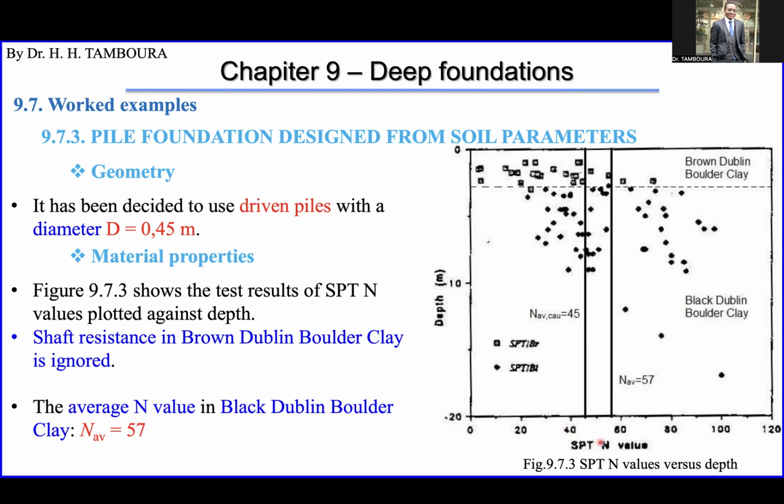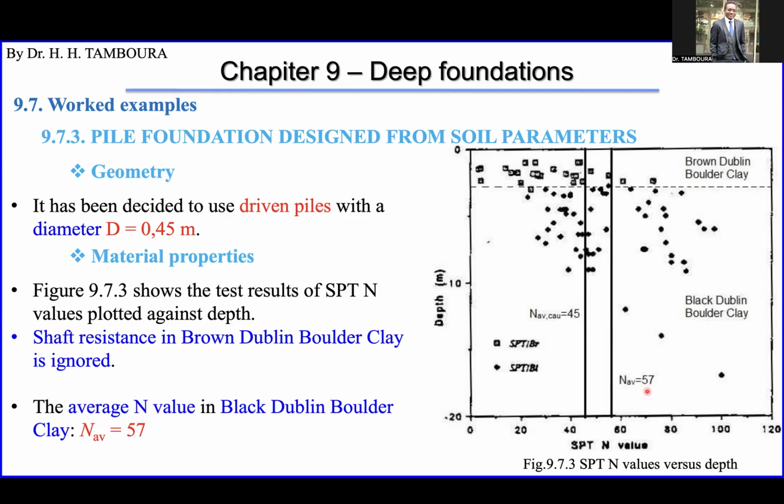If you take each dot here, count them and average, it will be around 57. But we will not use that one.